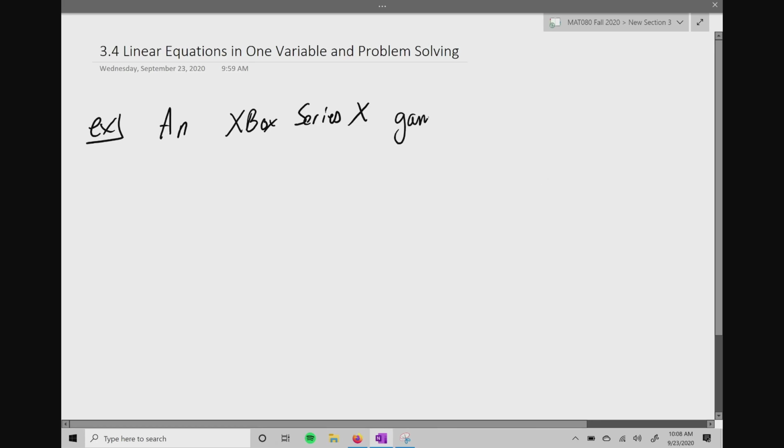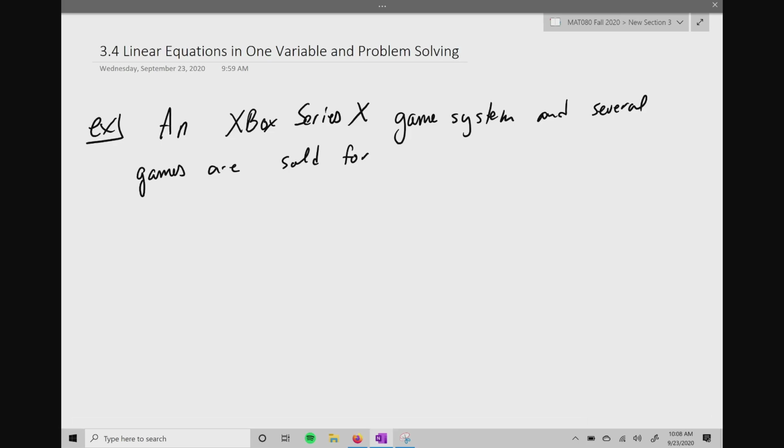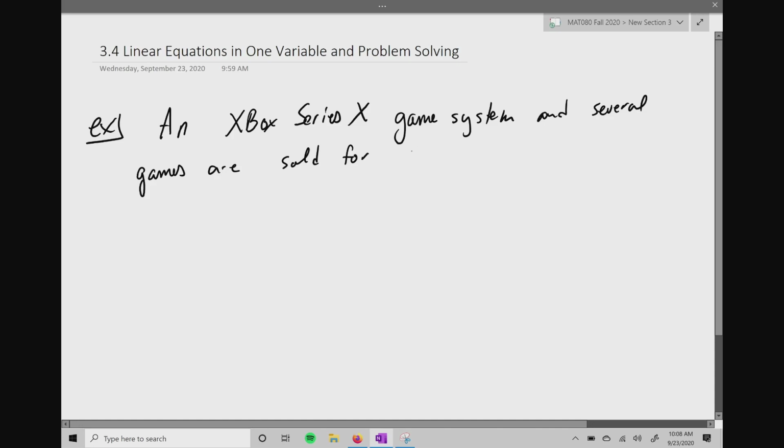Game system and several games are sold for. Let's see, the system is that much, and we'll say several games at that much. $580. Okay? All right?